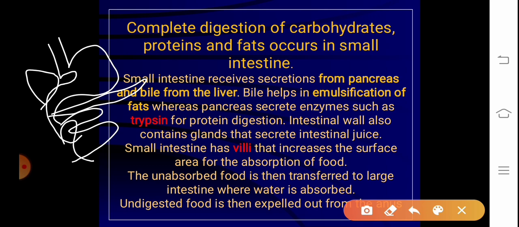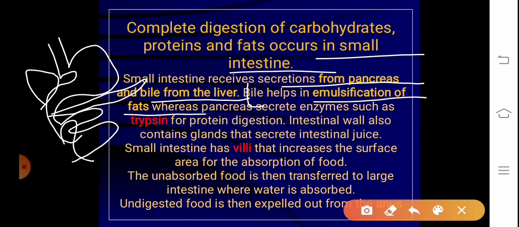So the next step I was telling about is where the complete digestion takes place. The complete digestion takes place in the small intestine. The small intestine receives the secretions from the pancreas and the bile from the liver. The bile secreted by the liver helps in the emulsification of fats.